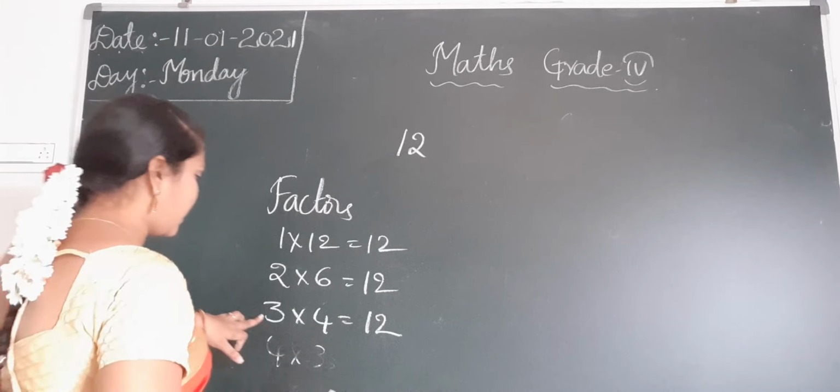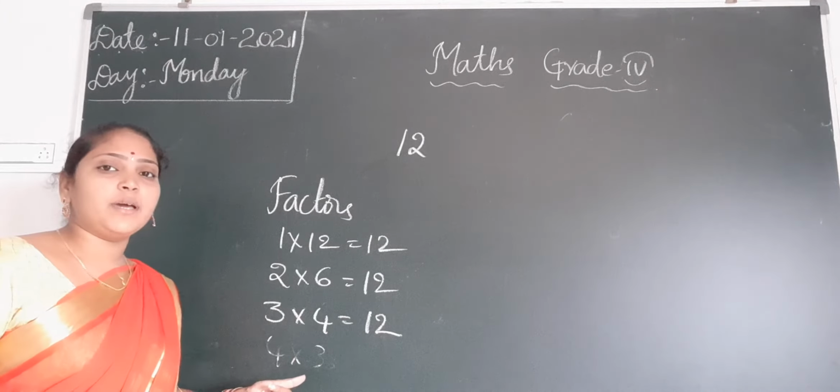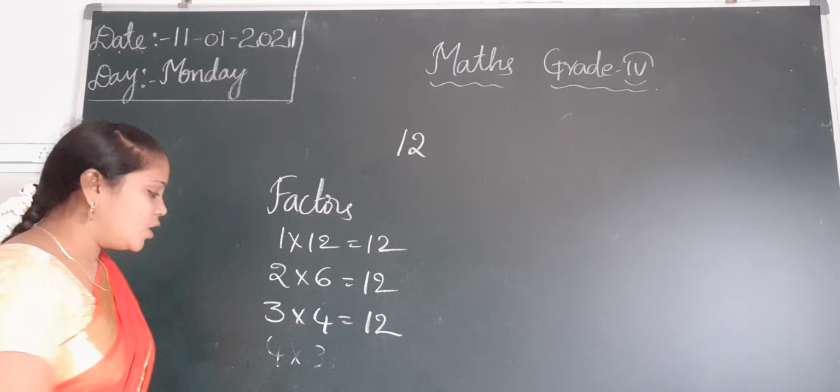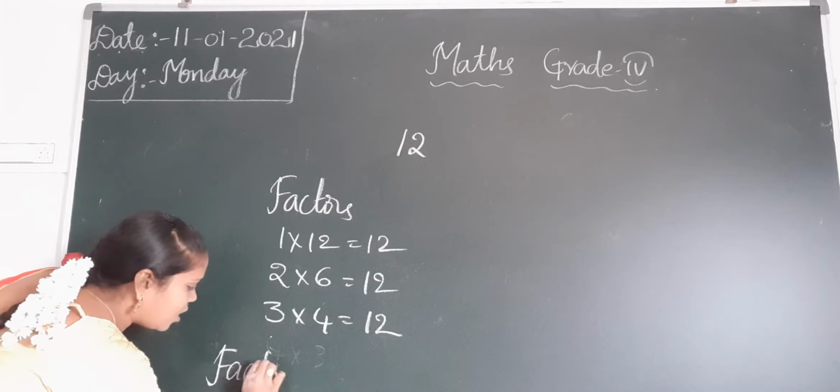Children, here again you have to write factors. 4 threes means the same numbers are repeating, so no need to write. Now what are the factors of 12?